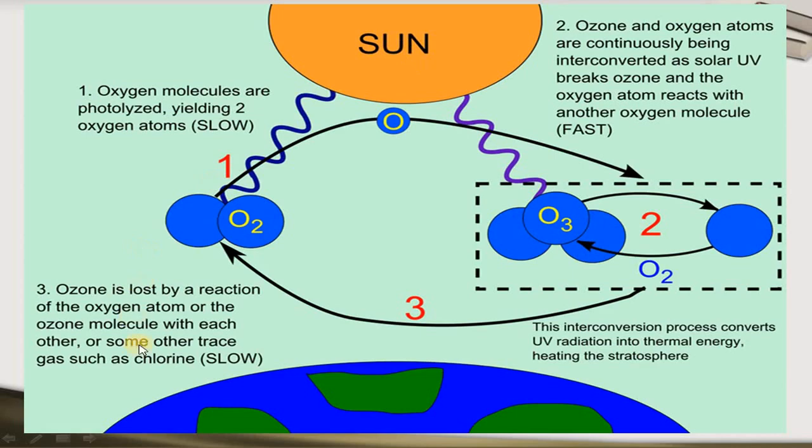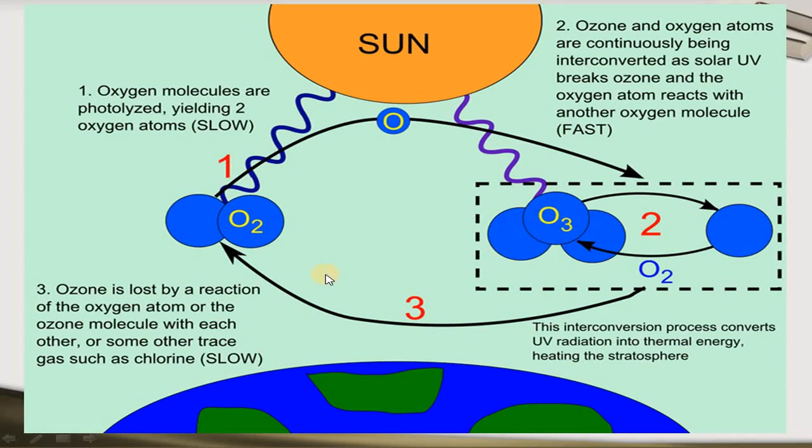But some of the ozone is lost by reaction of the oxygen atom or the ozone molecule with each other, or with some other trace gases such as chlorine. The destruction of ozone is taking place day by day due to different factors. So this figure graphically explains how an oxygen molecule is first converted into an ozone molecule.